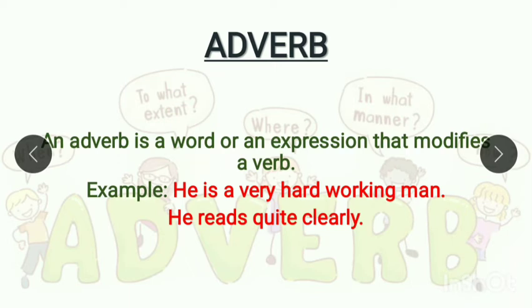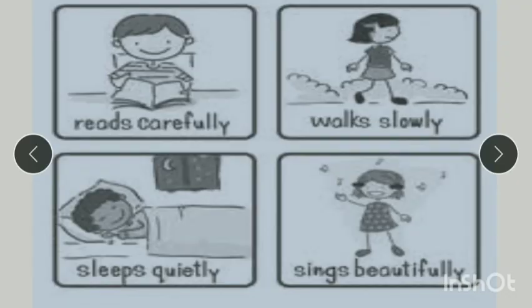He is a very hardworking man. He reads quite clearly. Reads is the verb. Clearly describes or gives additional information about the verb, and it is the adverb and comes after the verb. Reads carefully, walks slowly, sleeps quietly, sings beautifully, like that.